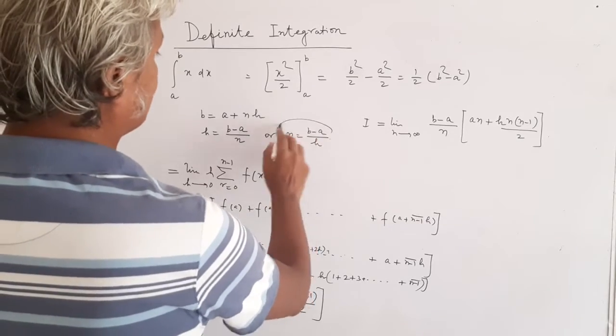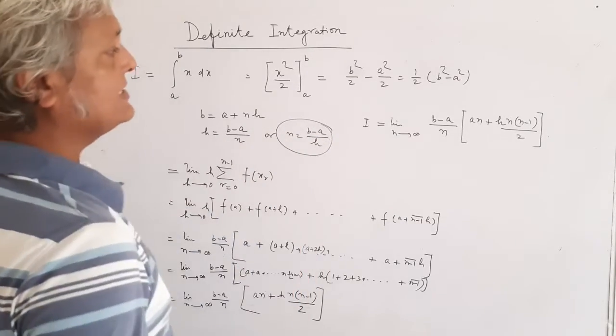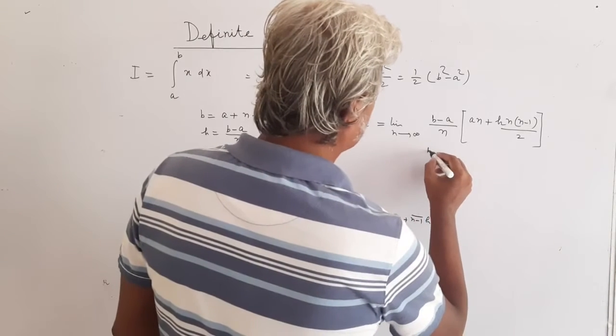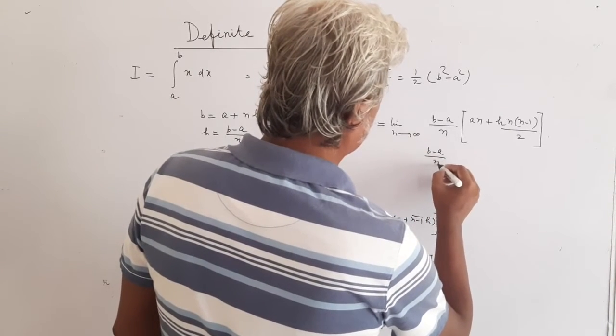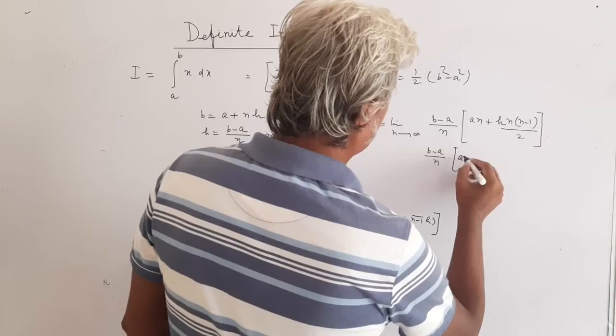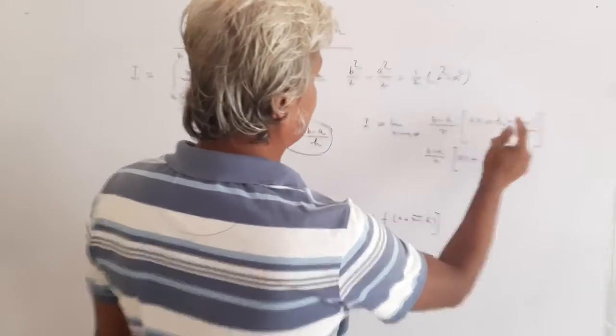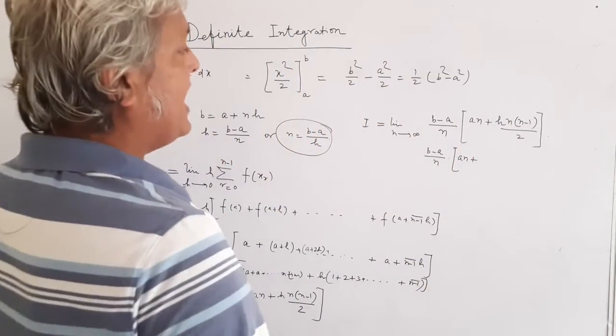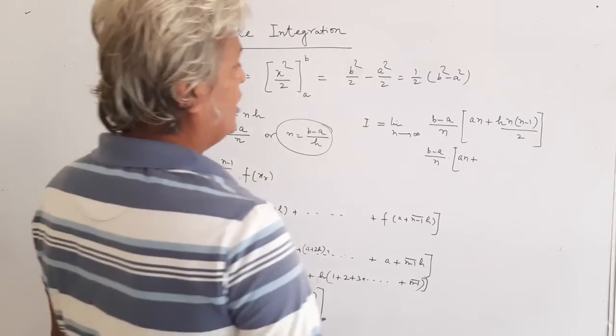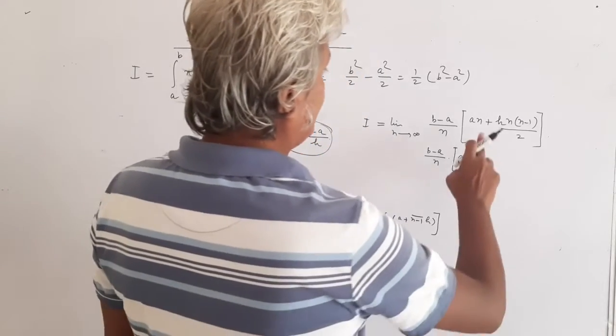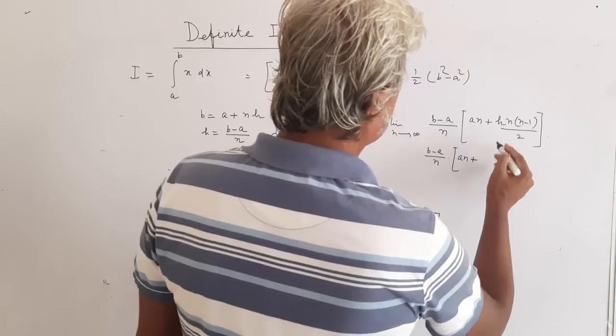If you look at this term, what is nh? It is b minus a. So this becomes b minus a over n, and at the place of this nh you can write na plus h.